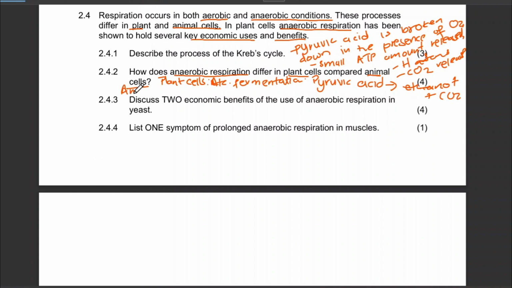Then in animal cells, there's what we call lactic acid fermentation. Basically, the pyruvic acid will be broken down into lactic acid in animals.